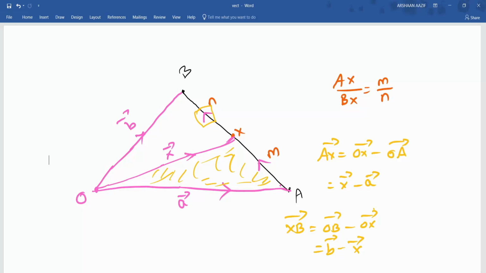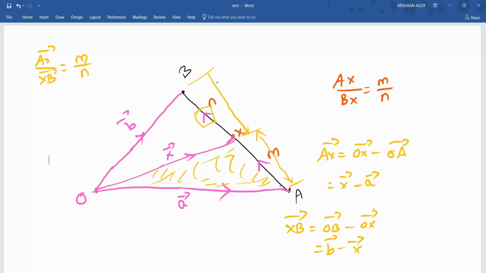Now taking this and substituting it in the formula AX by BX, instead of BX we can take XB because we are going to take the magnitude. So AX by XB in terms of magnitude is equal to m by n, because the magnitude of AX is m and the magnitude of BX or XB is n. Now substituting the values of the AX vector and XB vector and simplifying, we'll get the formula.